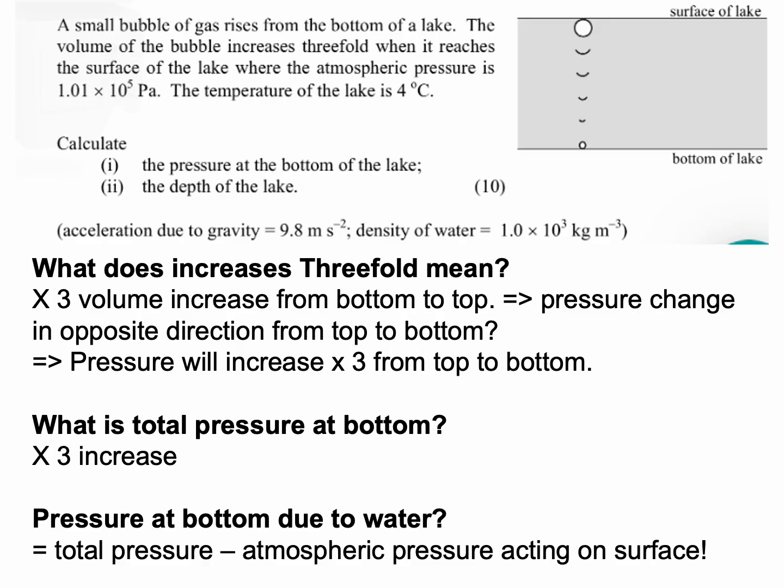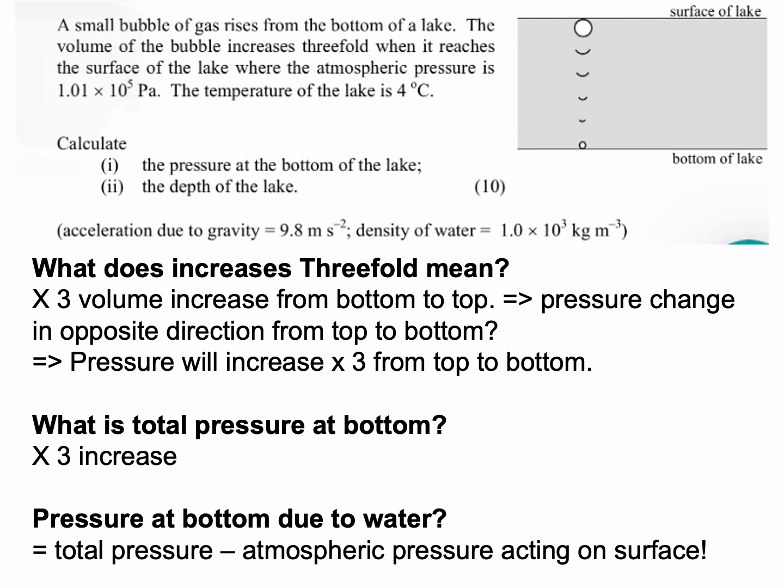I gave you a few hints here for the calculation part. First of all, what does increases threefold mean? So threefold means multiplying by 3, or times 3, the volume increase from the bottom to the top. So we can physically see there in the diagram as well, the bubble is increasing to 3 times the size of its volume.